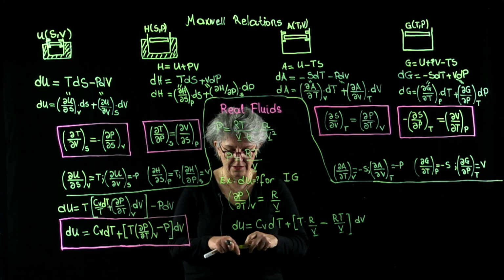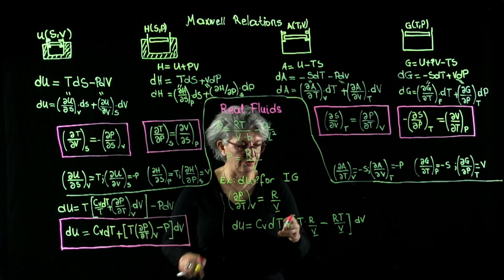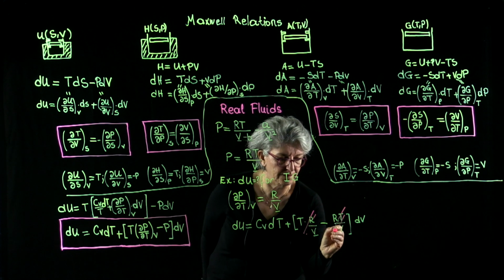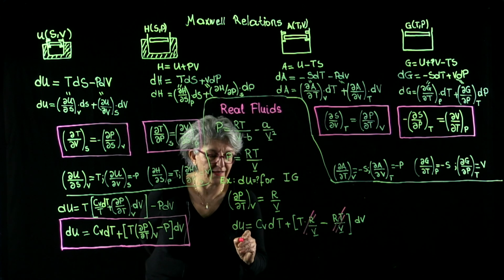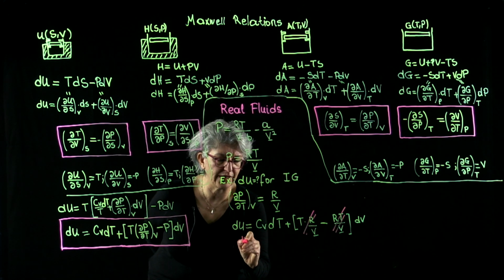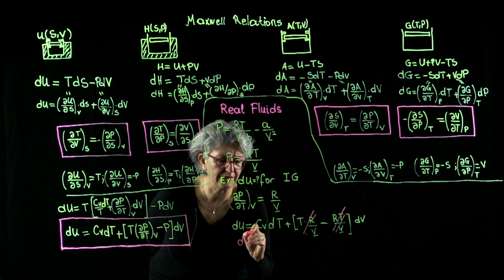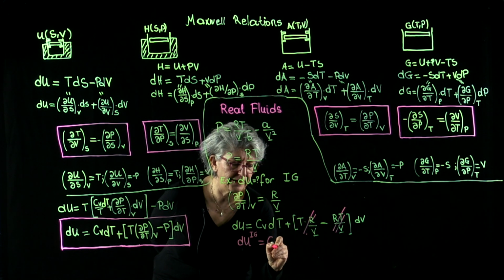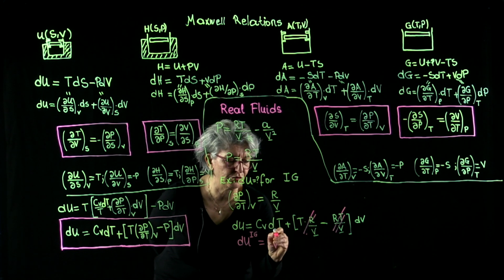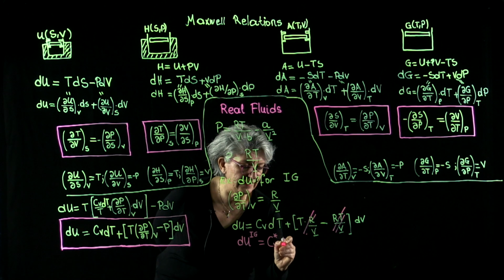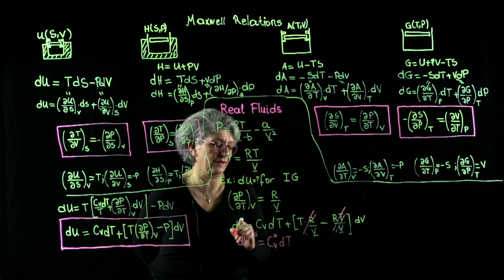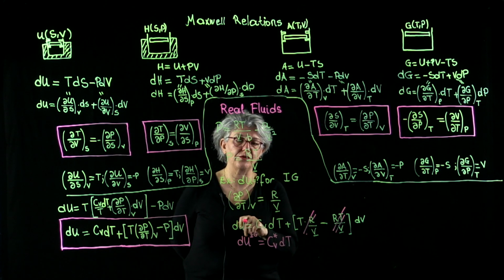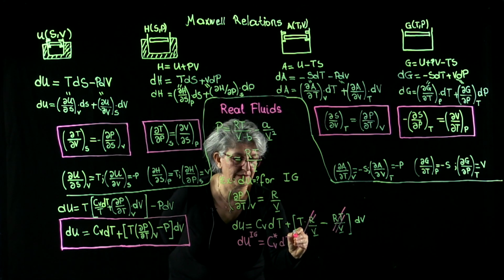And you see those terms cancel. And dU for ideal gas is CV. Now I take the freedom to put the star dT, and now I have proven that the ideal gas internal energy is only a function of temperature. Right? This is a proof.